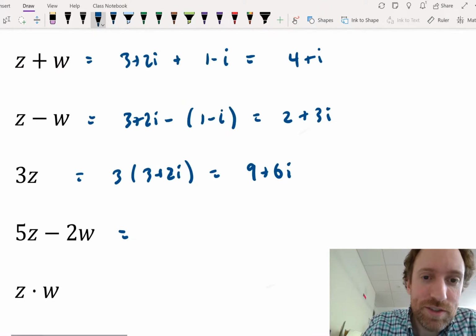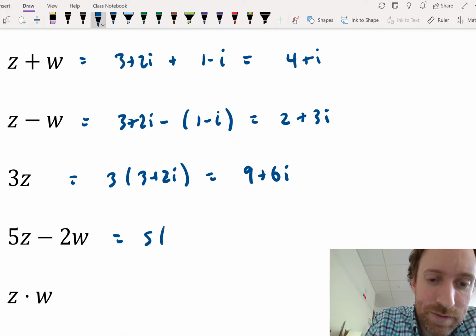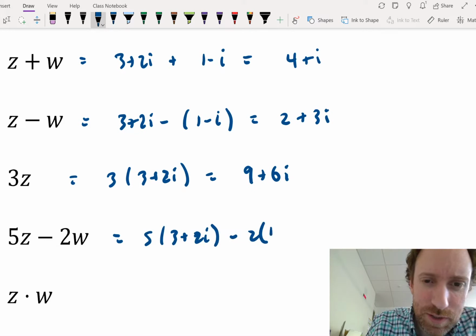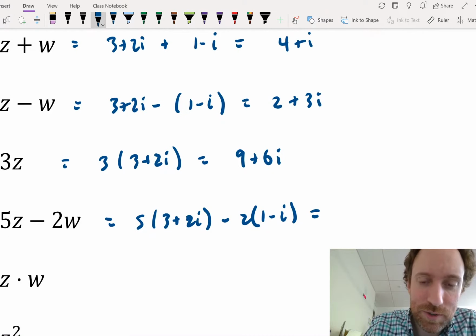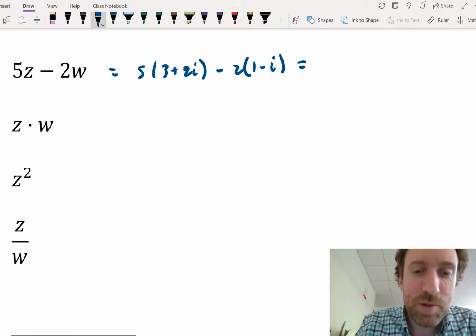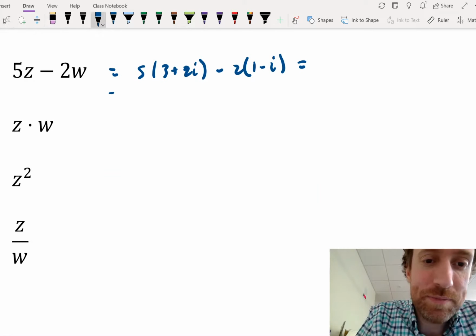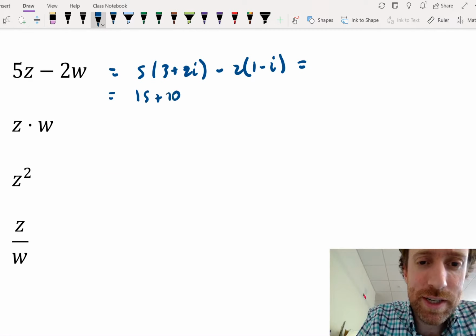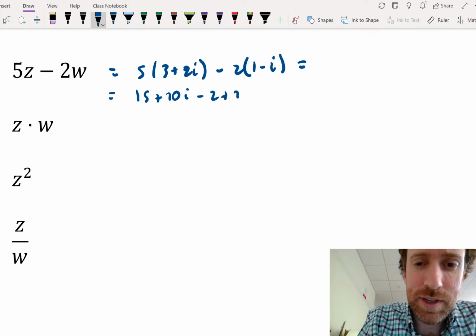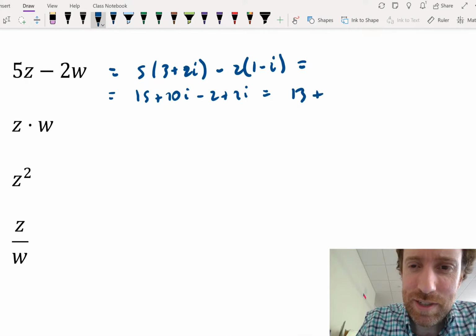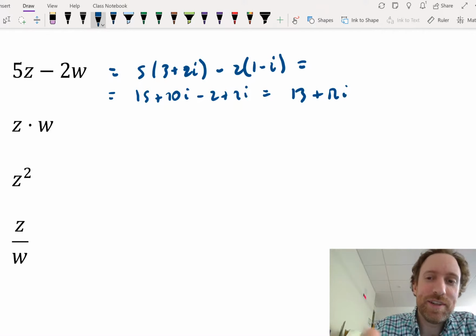So 5z minus 2w is the same sort of thing. 5 z's minus 2 w's. You combine like terms, you distribute, and you do all of the appropriate things appropriately. What is this? 15 plus 10i minus 2 plus 2i, which is 13 plus 12i, probably. I don't know. I'm terrible at mental math.